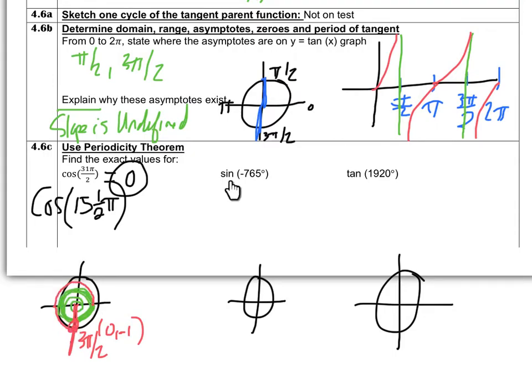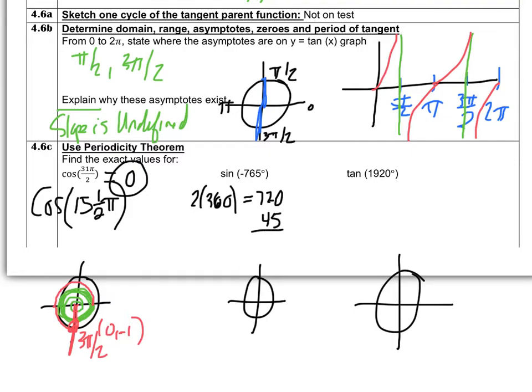Let's do this one. They want the sine, or the y value. They want us to move negative 765 degrees. Well, what I'm going to do is see how many complete circles I can pull out of that. 2 circles at 360 degrees is 720. So what I know is this is 2 complete circles with a remainder of 45 degrees.